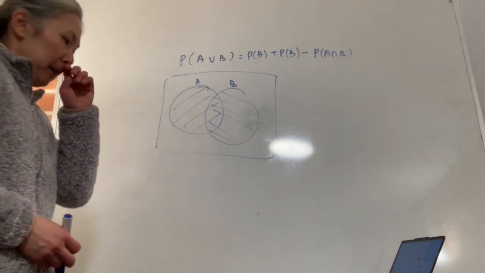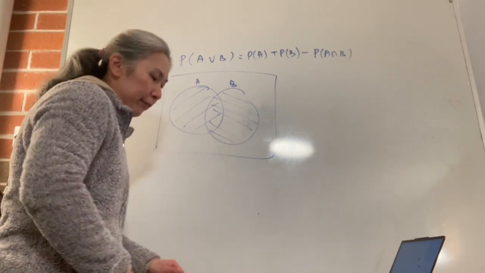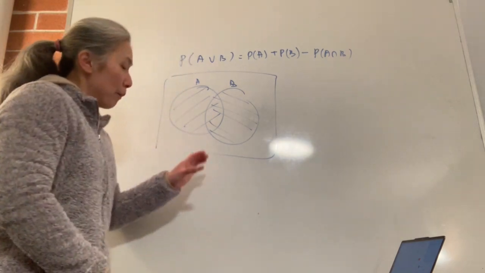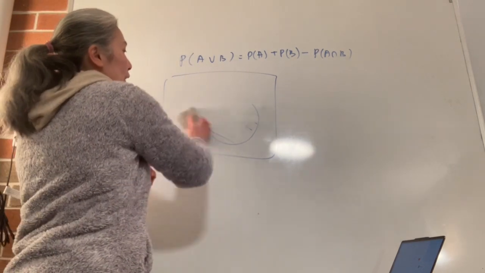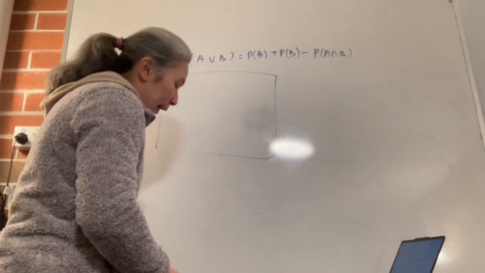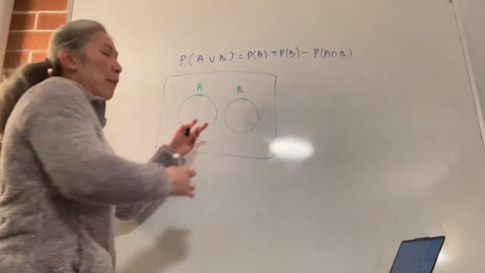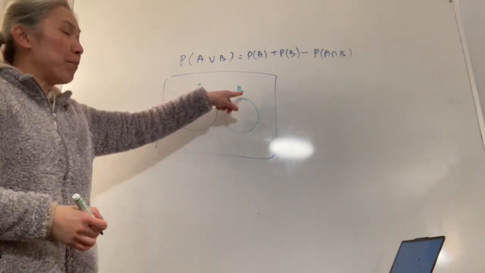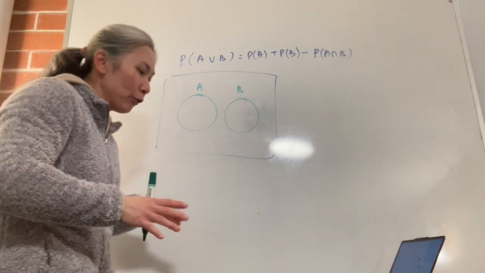And then the next term is mutually exclusive. When something is mutually exclusive, that means they do not overlap. If you're able to draw a Venn diagram that looks like this, then A and B are mutually exclusive. How do you prove it?